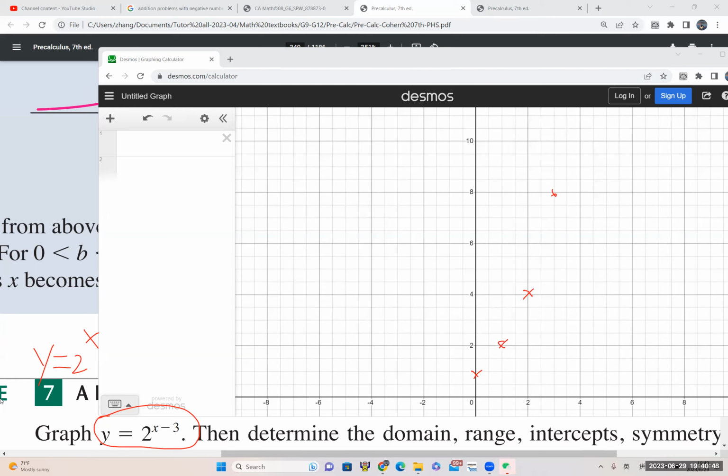Then some points where x is less than 0. For example, x is negative 1. y is what? 0.5, half, right? So here. Anyway, if you connect these points, you get the graph. Of course, more points make it more accurate. Is there any chance y equals 0 or is less than 0?